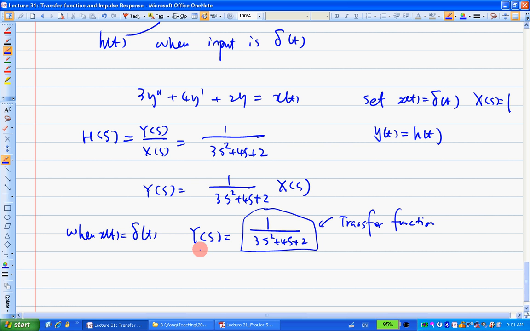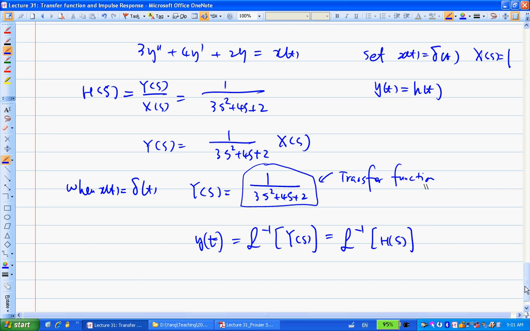So what are we looking for? We're looking for y of t, this output in the time domain. And y of t is the inverse Laplace of this Y of s. Now in this particular case, when your input is delta t, it's the same thing as H of s.